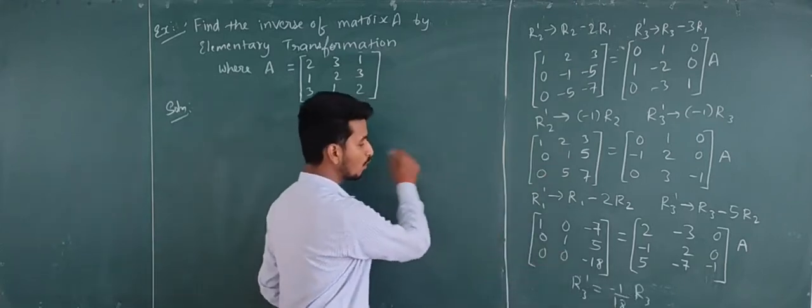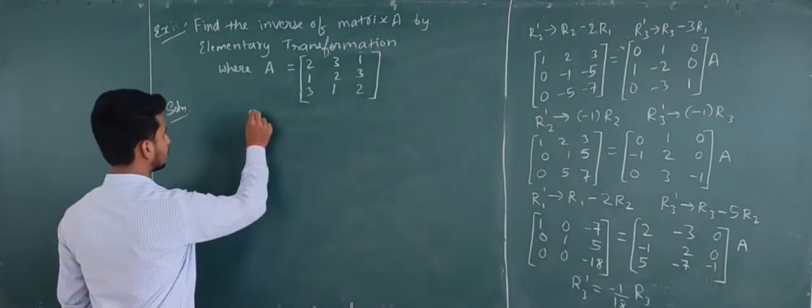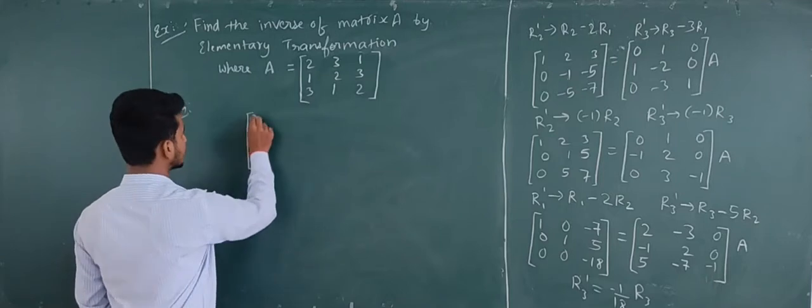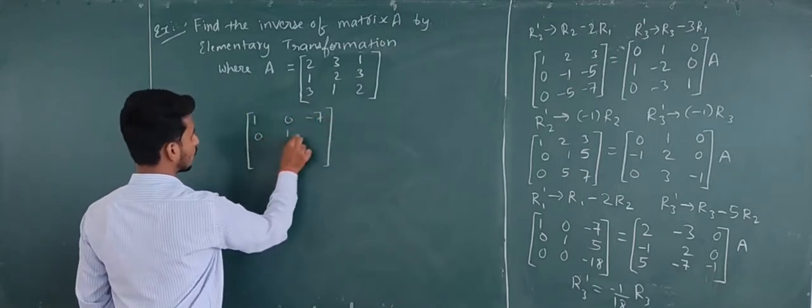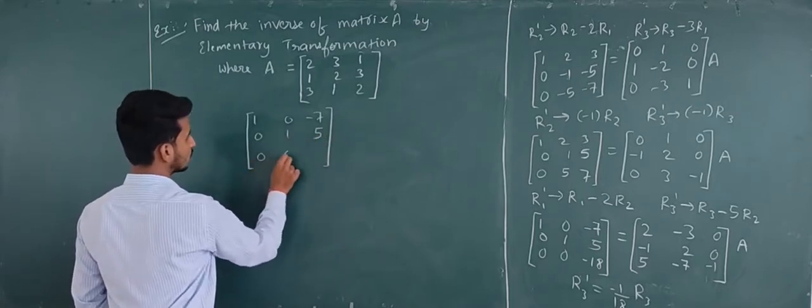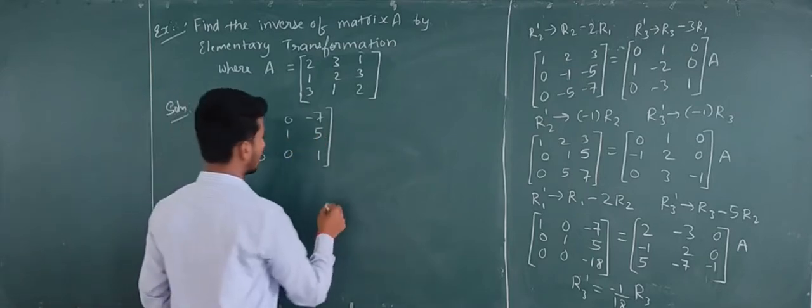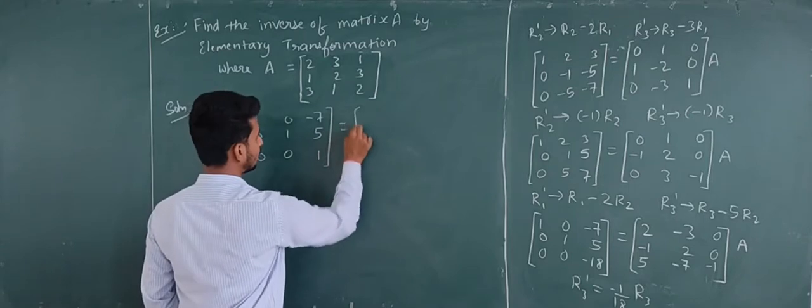So now we will change the third row. We are not changing the first row, we can write it as it is, 0 1 5, 0 0 1. So we are multiplying with 1 by 18.